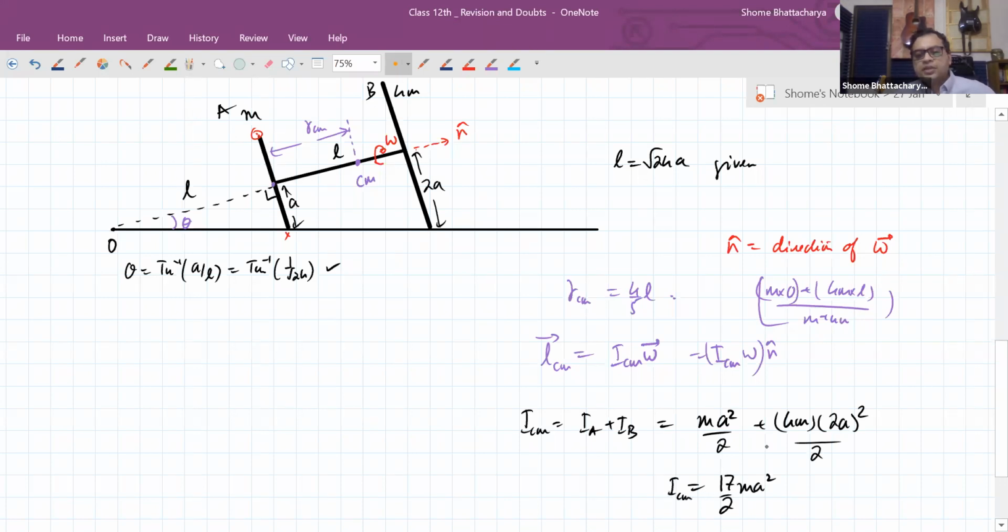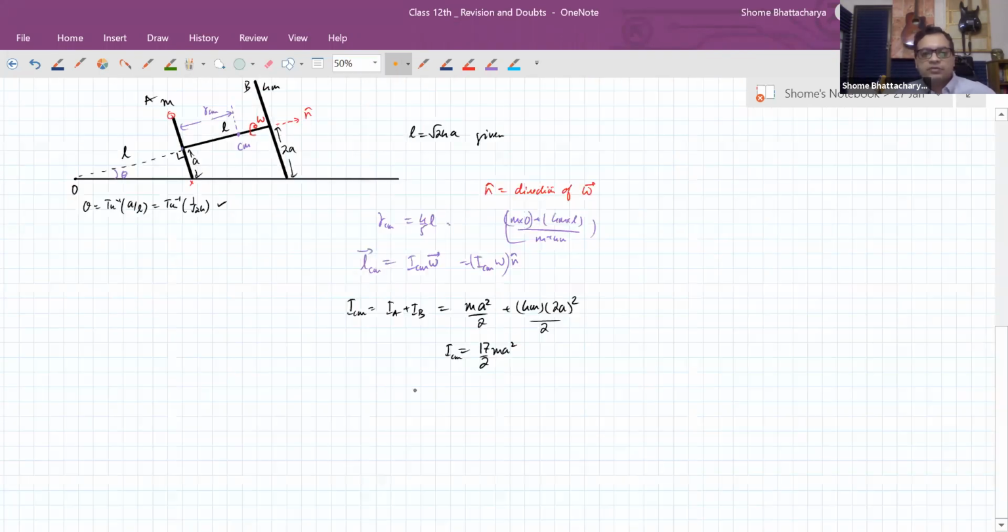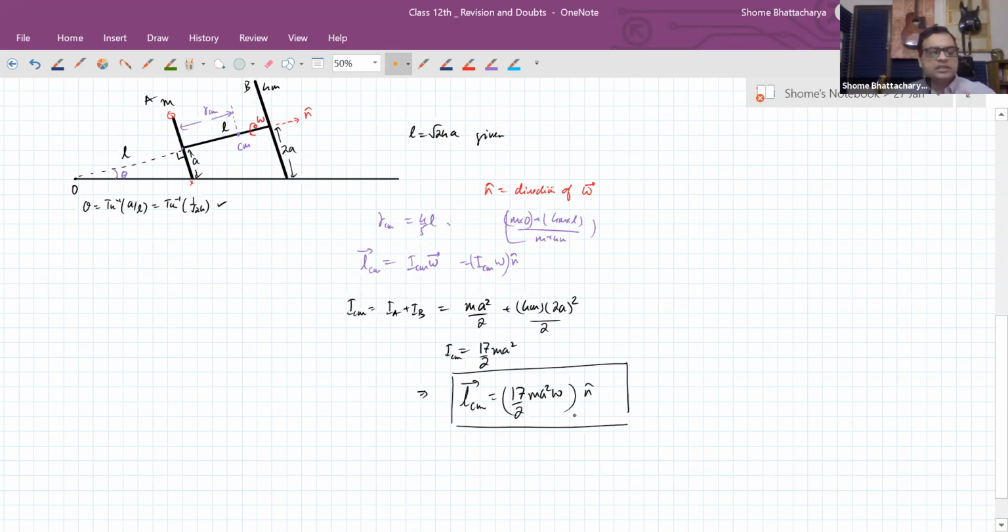So that is ICM. We need to calculate this first, because we will be using this in the angular momentum formula. So the angular momentum about the center of mass axis will become 17 by 2 ma square omega into that unit vector which I've shown you, which is at an angle theta to the horizontal like this.